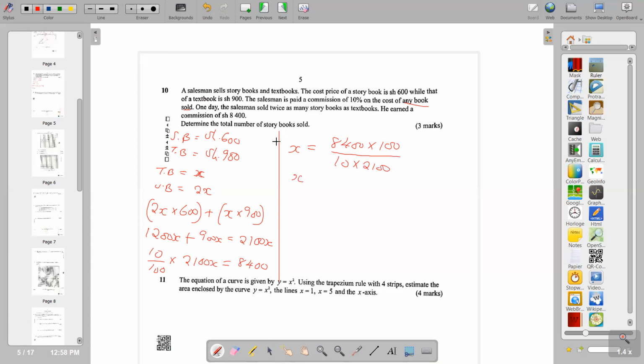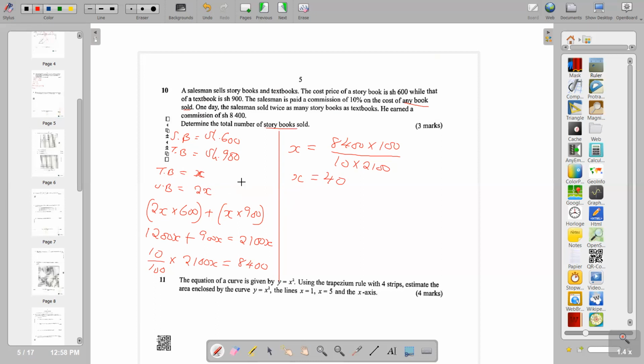So take your calculator, and you're going to get 8,400 times 100 divided by 21,000. You're going to get X is equal to 40. And this was the textbooks. He sold 40 textbooks. But the question is to determine the total number of storybooks sold.